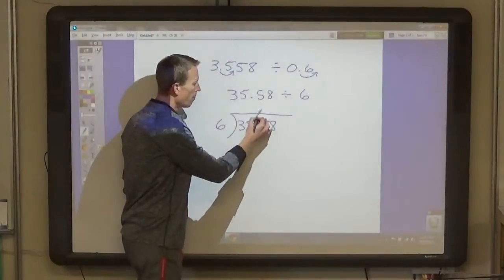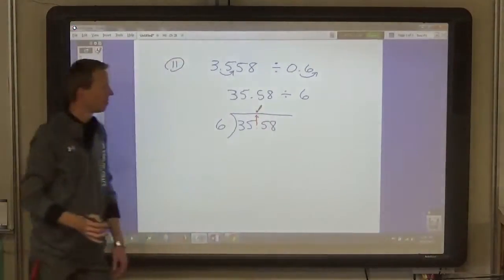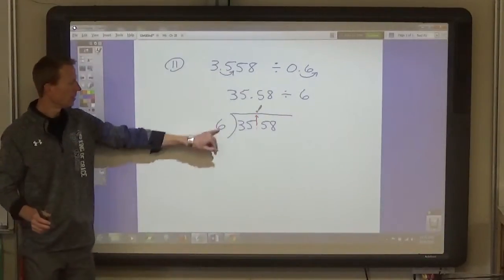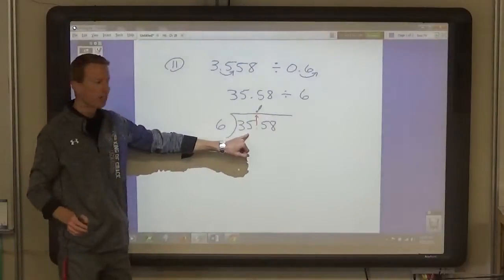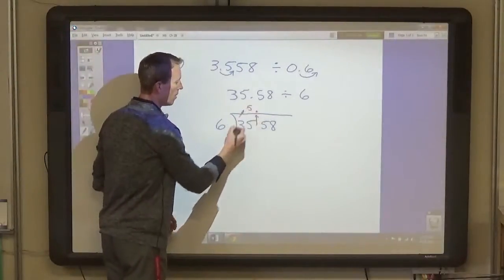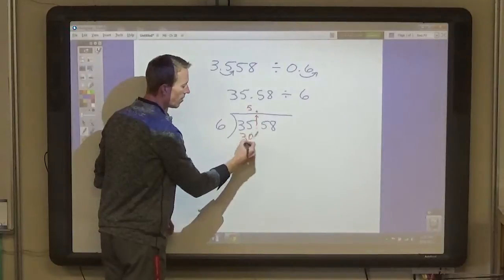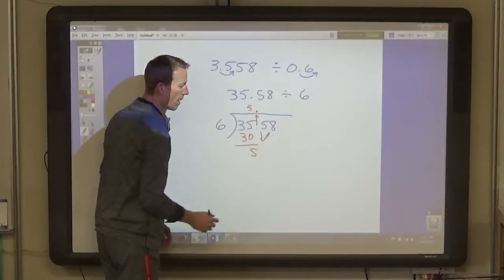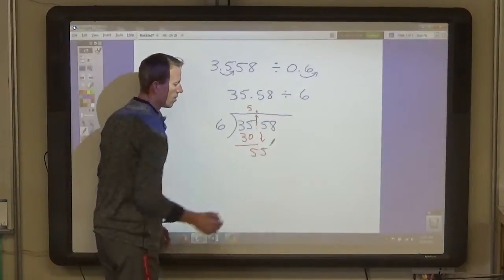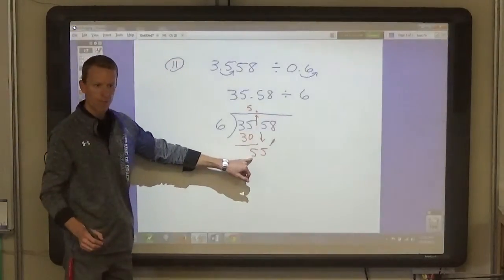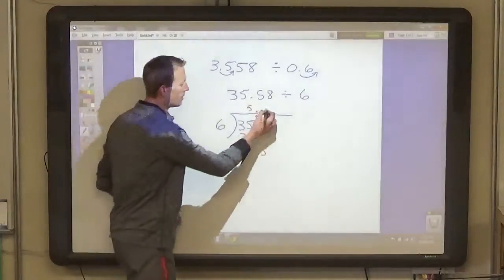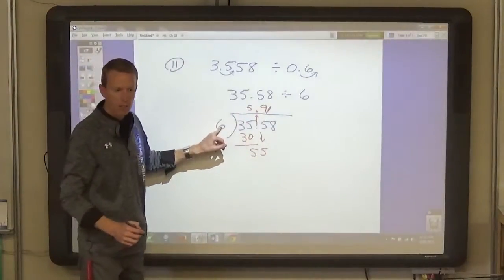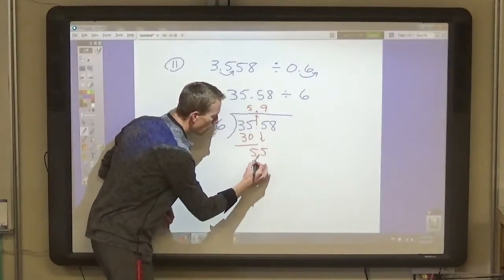Put the decimal point up into the answer, and let's divide this. 6 goes into 35 5 times. 5 times 6 is 30. Remainder 5. Bring down the 5. 6 goes into 55 9 times. 9 times 6 is 54.